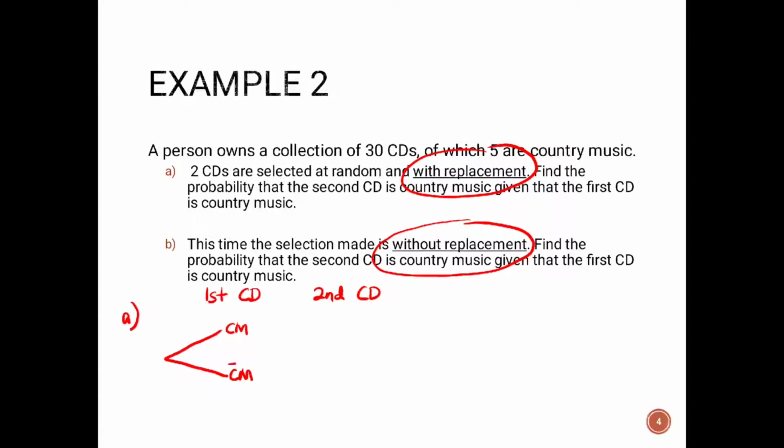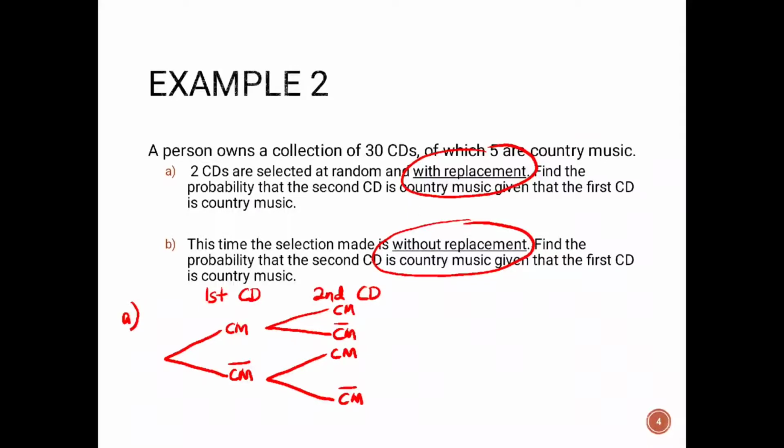We will denote non-country music as CM bar. For the second CD, the same thing: you will get either country music or non-country music.